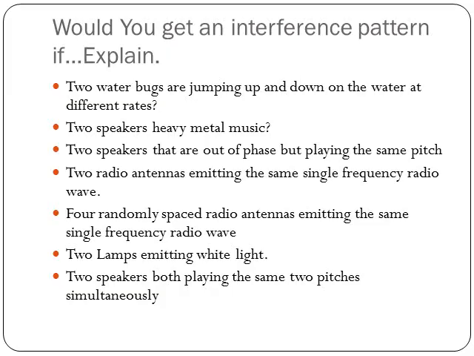It perhaps could possibly make interference patterns for the blue, the red and the yellow, and they might be different interference patterns, but it wouldn't be clear. However, lamps never emit coherent light, which we're going to talk about later, so this most definitely would not create an interference pattern. Two speakers both playing the same two pitches simultaneously. These are coherent sources and should create an interference pattern.